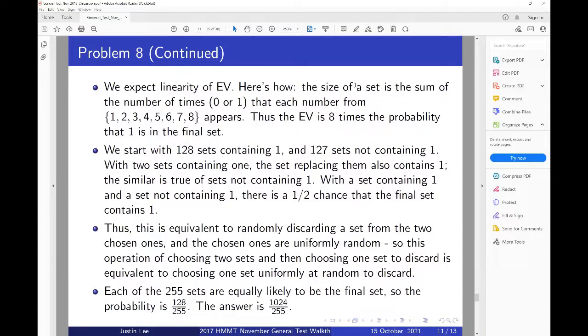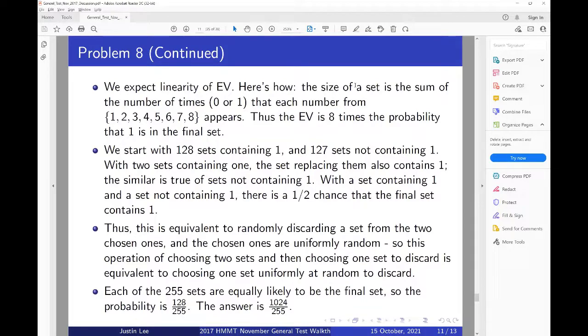And the final set, well, each set is equally likely to be that final remaining set. So the probability that 1 is in the final set is 128 over 255. And our answer is just 8 times that, which is 1024 over 255.